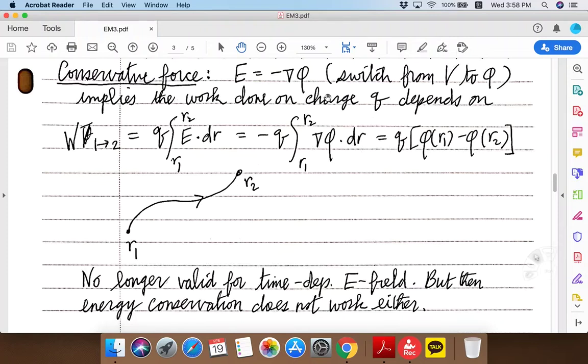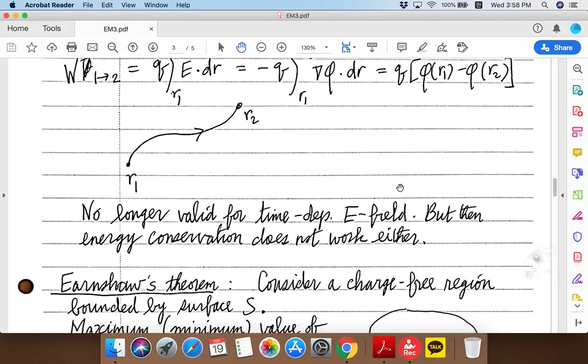But under the time dependent situation, we don't really have an energy conservation law at work, so it doesn't really make sense to talk about energy in the first place, let alone the conservation of energy. Okay, so we're still in the safe haven for that matter.